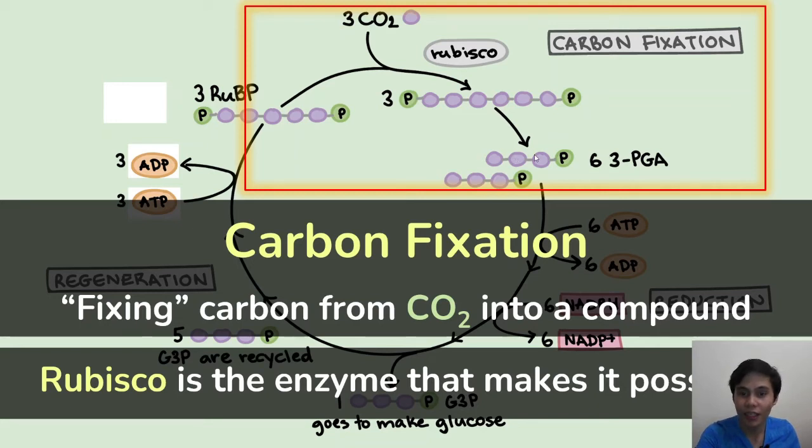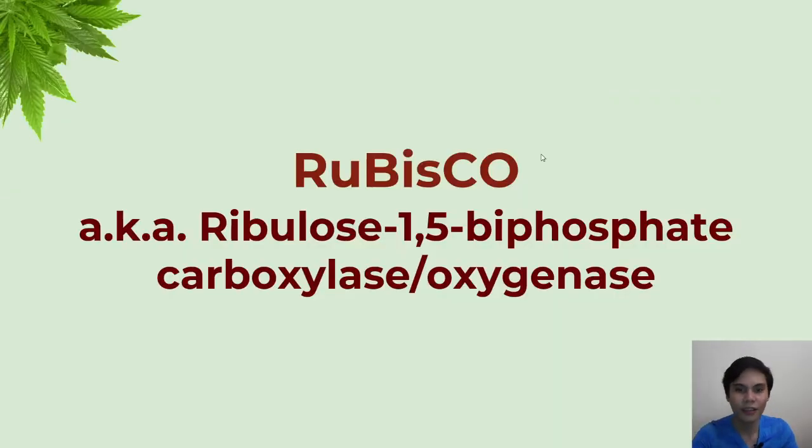You can see these diagrams here. There's 3 carbons. If you number them 1, 2, and 3, the phosphate is attached to the 3rd carbon. So it's 3-PGA. Rubisco is called ribulose 1,5-bisphosphate carboxylase oxygenase. And again, enzymes have their names usually pertaining to their function.